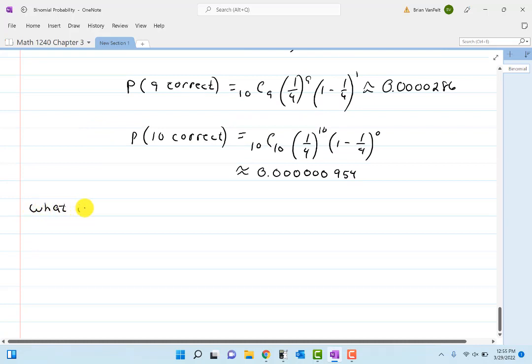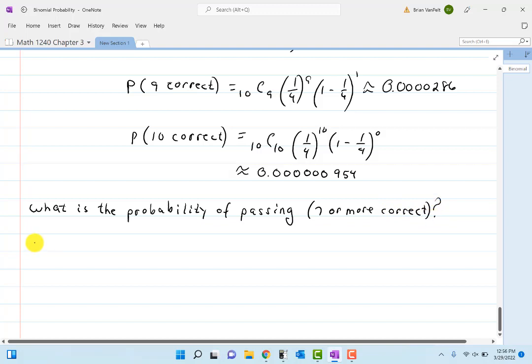What is the probability of passing? That would be 7 or more correct. So we would have the probability of 7 correct, or 8 correct, or 9 correct, or 10 correct.